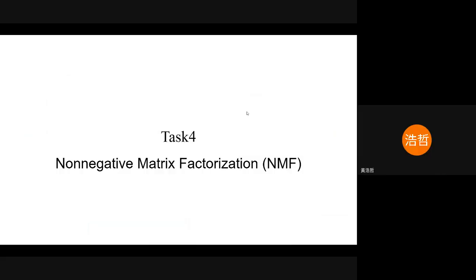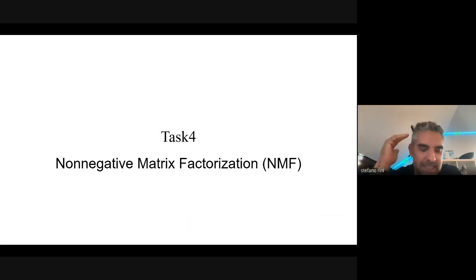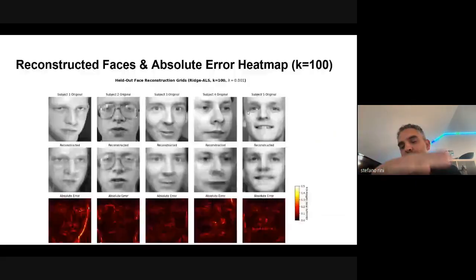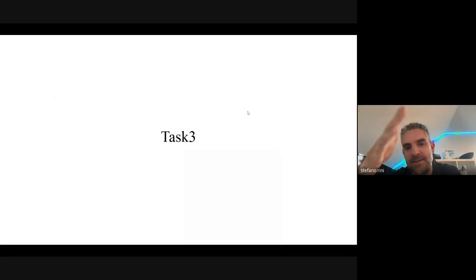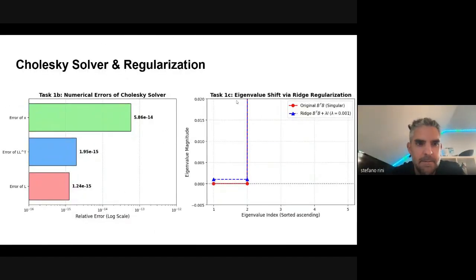So I can continue. Can someone help me go through the previous part? You can just show the previous slide, and I'll go through it.